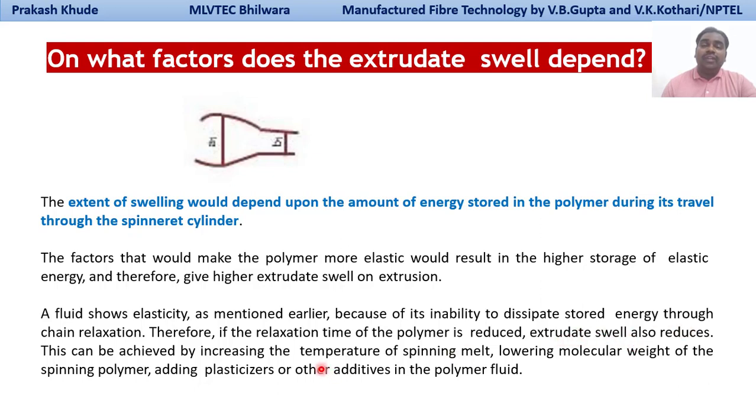At the same time, if you increase the spinning temperature, that also reduces the die swell or extrudate swell. If you reduce the molecular weight of the polymer, that also results in a reduction in extrudate swell. In certain cases, we can add plasticizers or additives in the polymeric fluid that result in a reduction in extrudate swell.